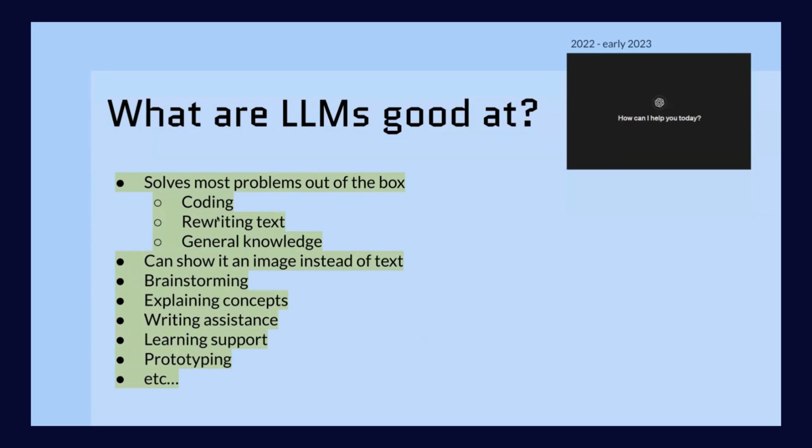It has a lot of general knowledge about almost everything. You can show it even images, which some things are hard to describe in text. You can just show it an image. It's good for brainstorming, explaining concepts. Yeah, as I said, writing assistance, learning support. So I use this a lot in my learning.